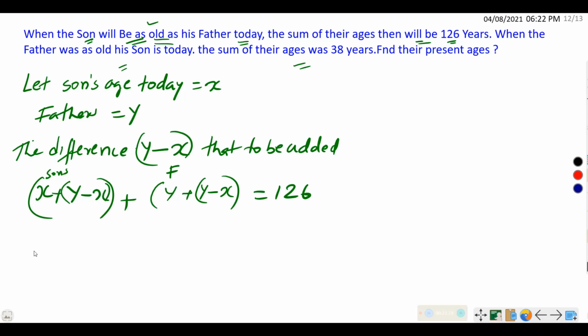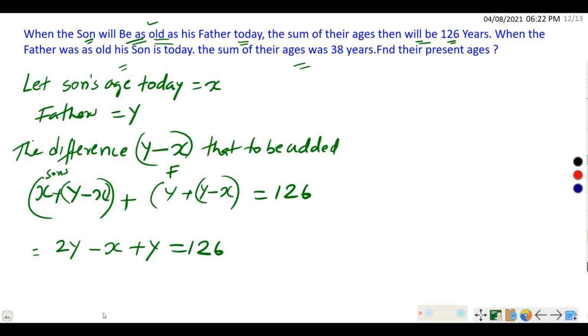If I restructure this, x plus y minus x, then plus y, all are addition, subtraction, there is no multiplication. So you can totally add it, in fact. Correct? Right.